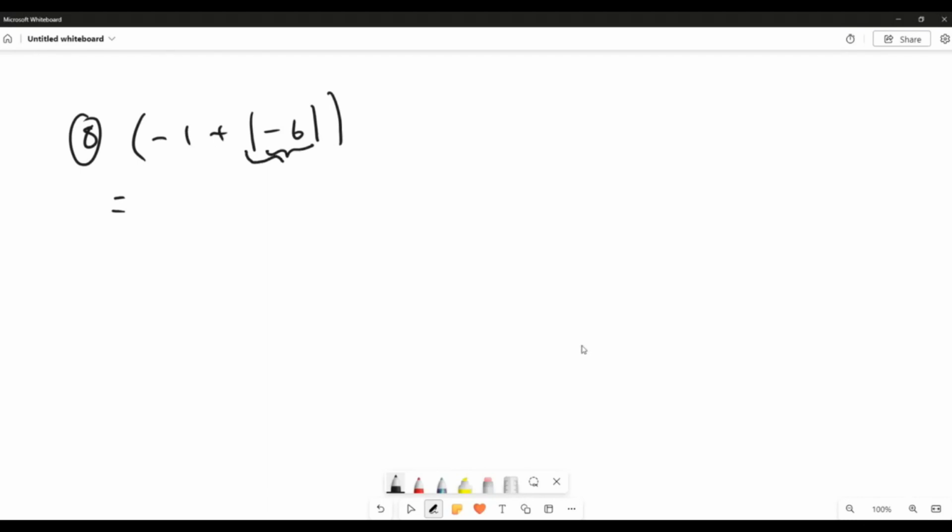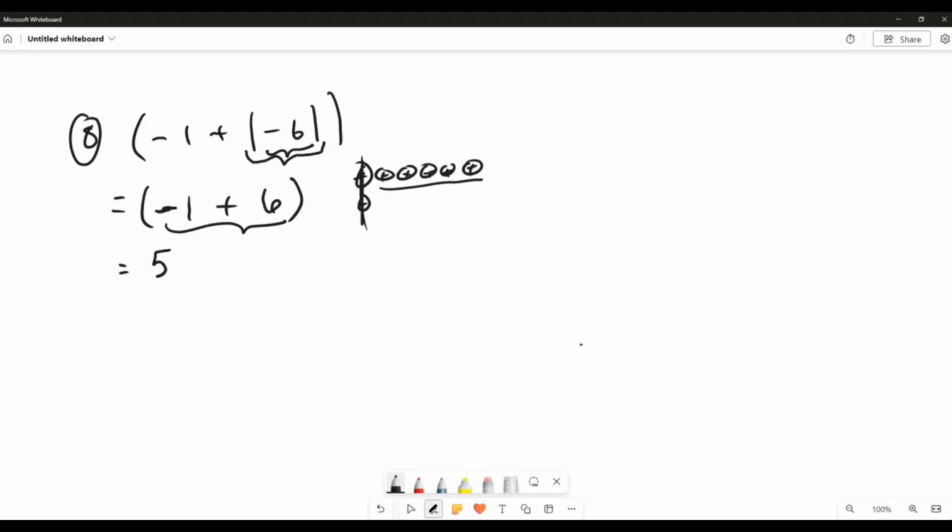So now we can take the absolute value of -6 and we get +6. Now inside the parentheses, we have a -1 and a +6. There's 6 positive chips and 1 negative chip. Those cancel out and we're left with 5 positive chips.